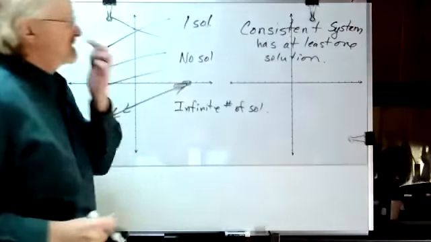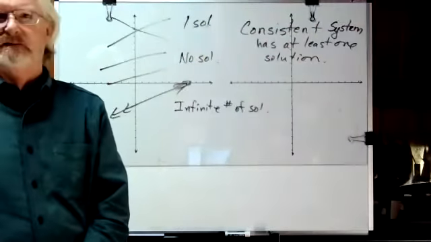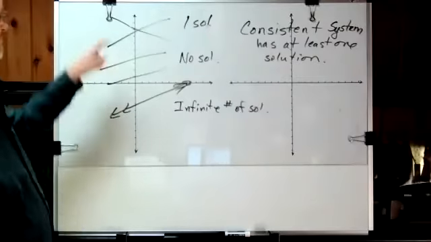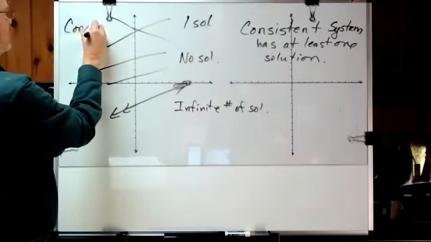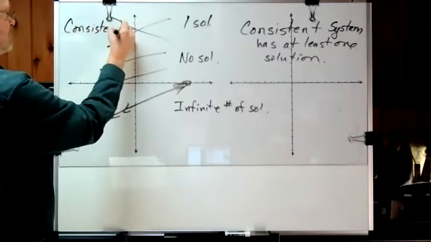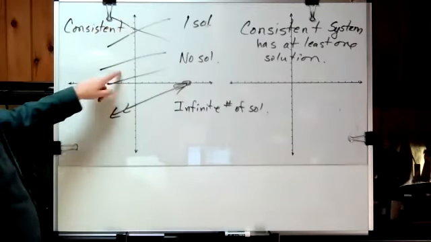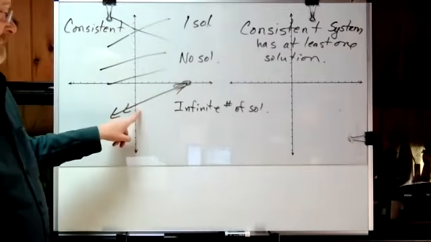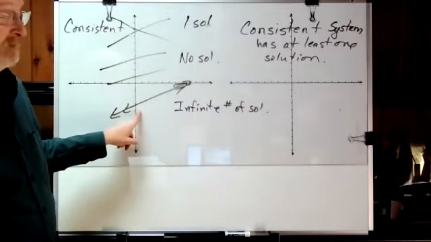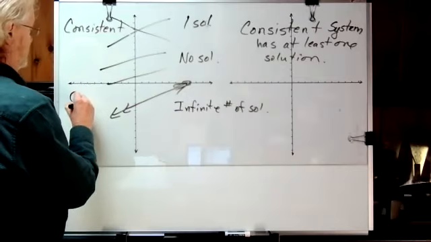A consistent system is one that has at least one solution. One solution, consistent. No solution, not consistent. At least one? Yeah, a whole bunch. This one's also consistent.